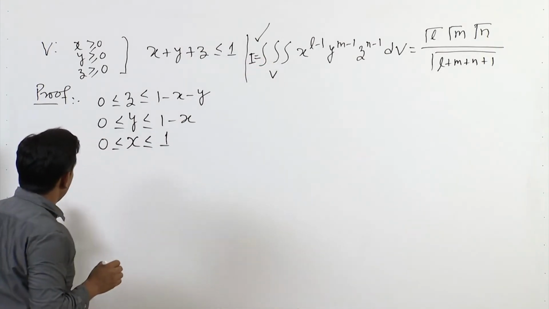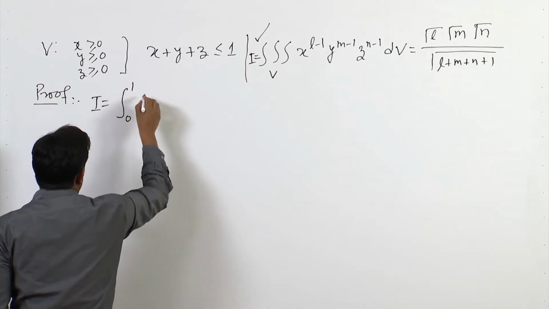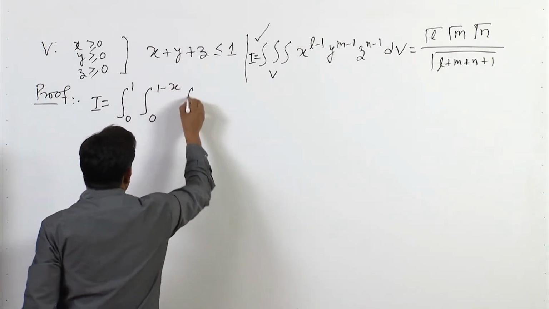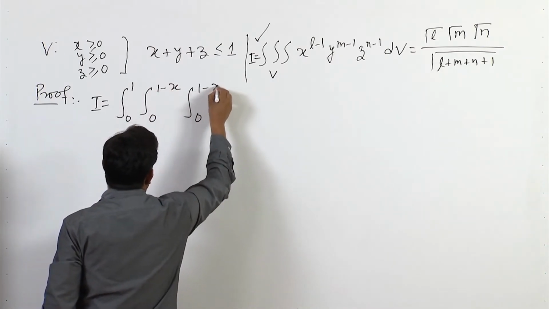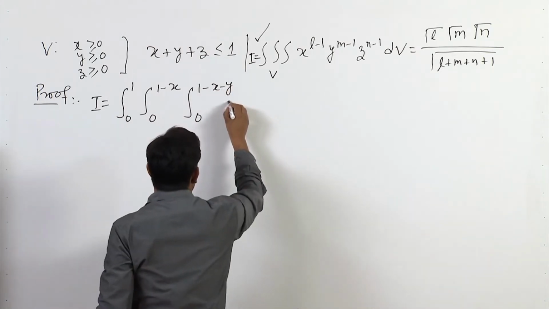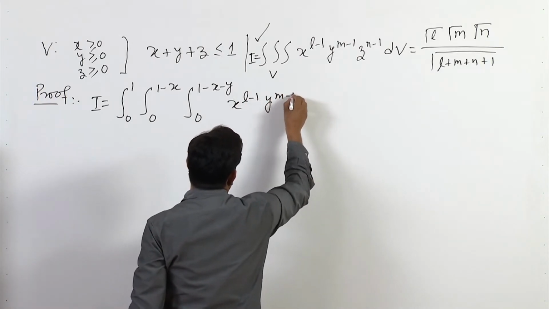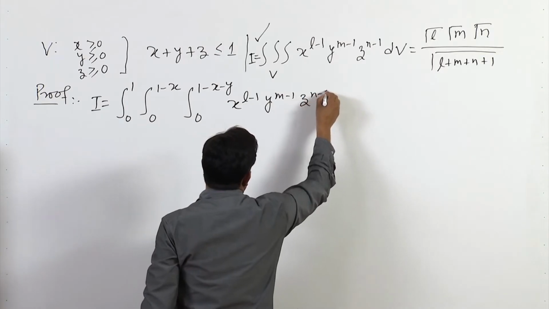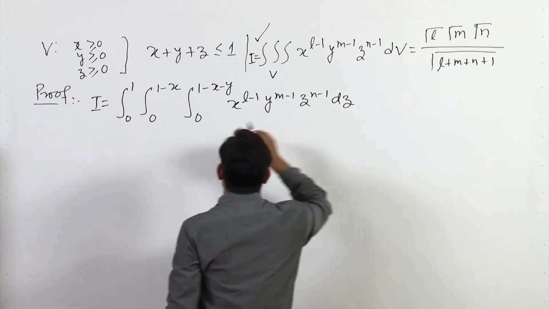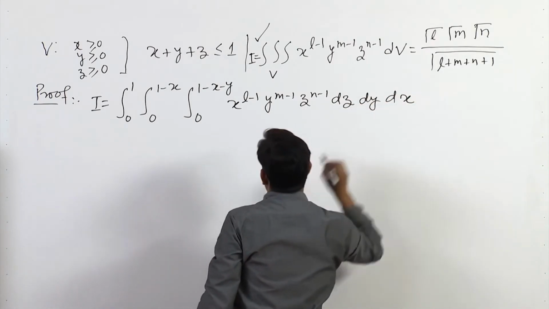Hence, if this is I, then I equals the integral from 0 to 1, 0 to 1 minus x, 0 to 1 minus x minus y, of x^(l-1) y^(m-1) z^(n-1), with these limits for dz, dy and dx.